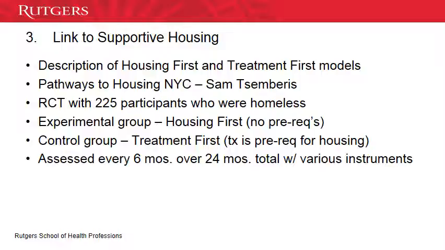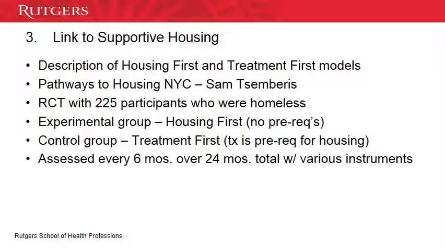It really lends itself well to self-determination. Whereas the treatment first model presupposes that you must want the treatment that they are offering you, and you must strive for abstinence, and is much more focused on that than the housing first model.